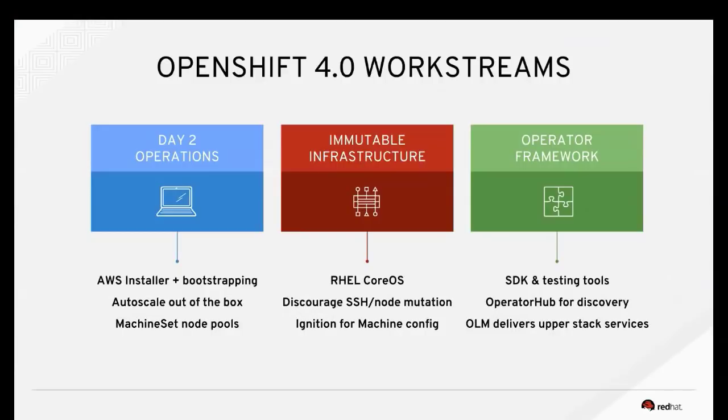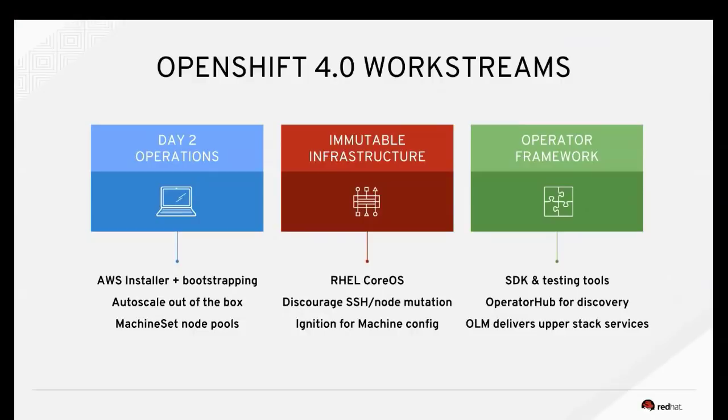You can also use machine sets to create node pools that are specific for GPU or high CPU workloads. So we're automating the scaling and growth and the creating of the machine sets, all for our day two operations. Again, this is all being powered by the operator theme and all the automation that we've added there for the day two operations.